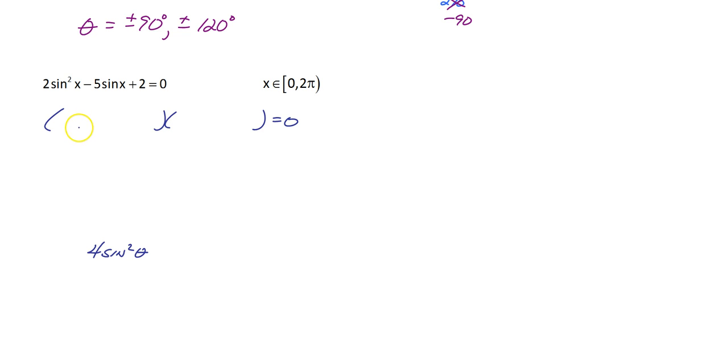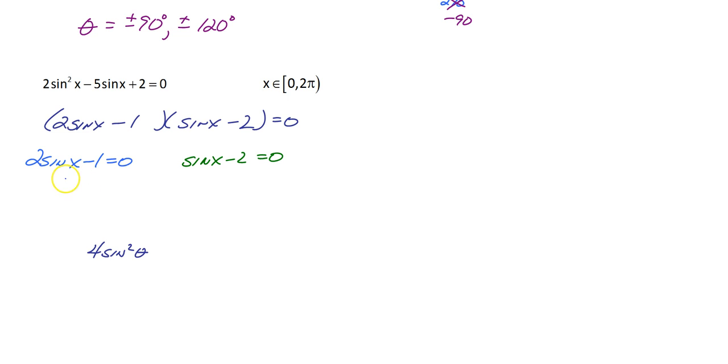And of course, however you did it, you should have factored to 2 sine x minus 1 and sine x minus 2. Again, the point of this video is not to go back and reteach you how to factor. You have to know how to factor at all times. So then, we're going to set 2 sine x minus 1 equal to 0, and we are also going to set sine x minus 2 equal to 0.